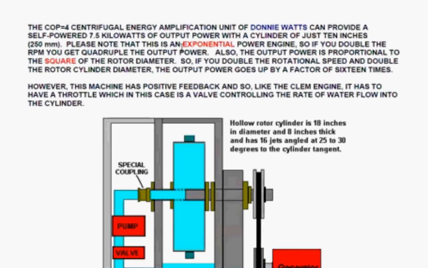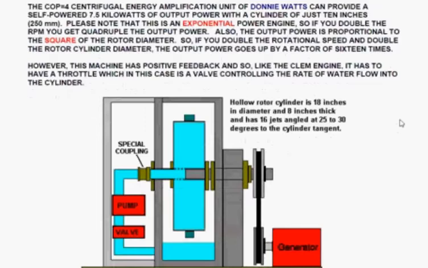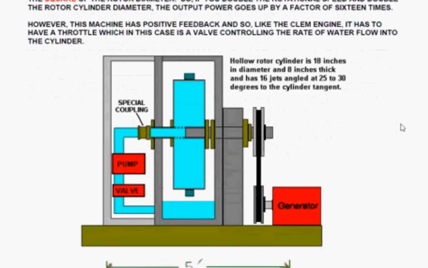Now, this machine has got positive feedback. And like the conical Clem engine, you have to put a throttle on it to stop it rotating so fast that it drives itself apart and disintegrates itself. But the general principle is very simple.